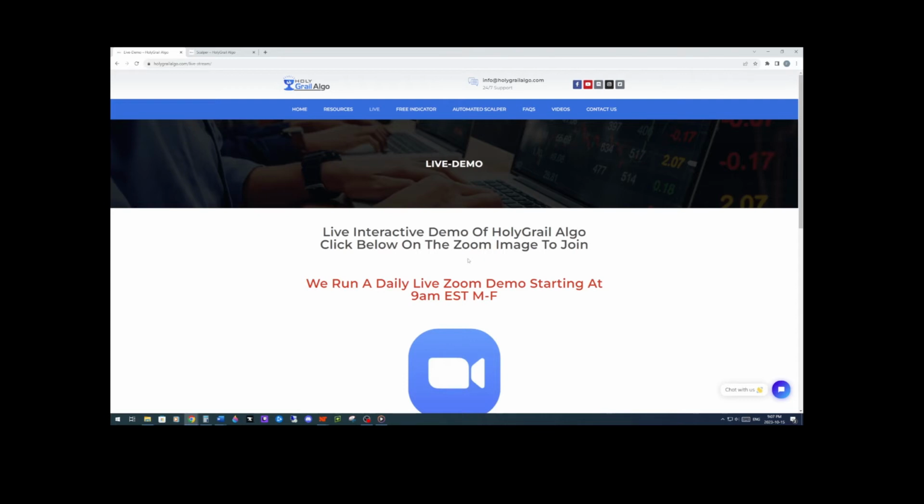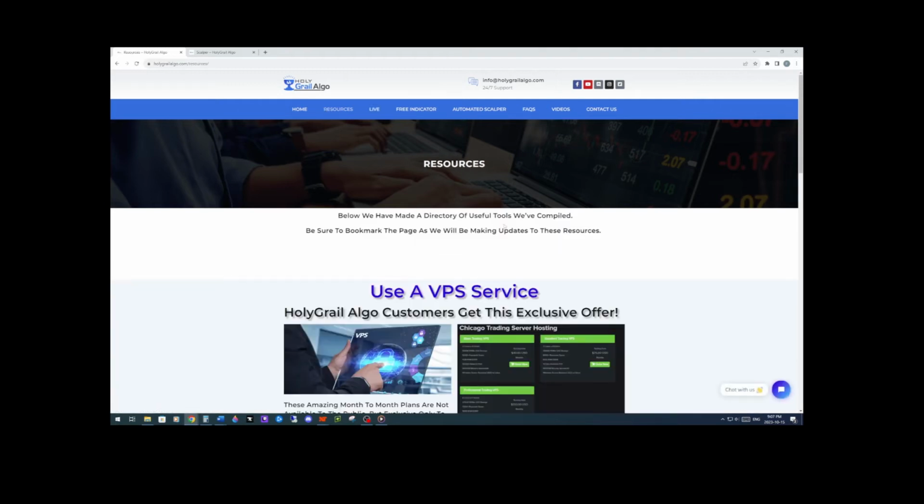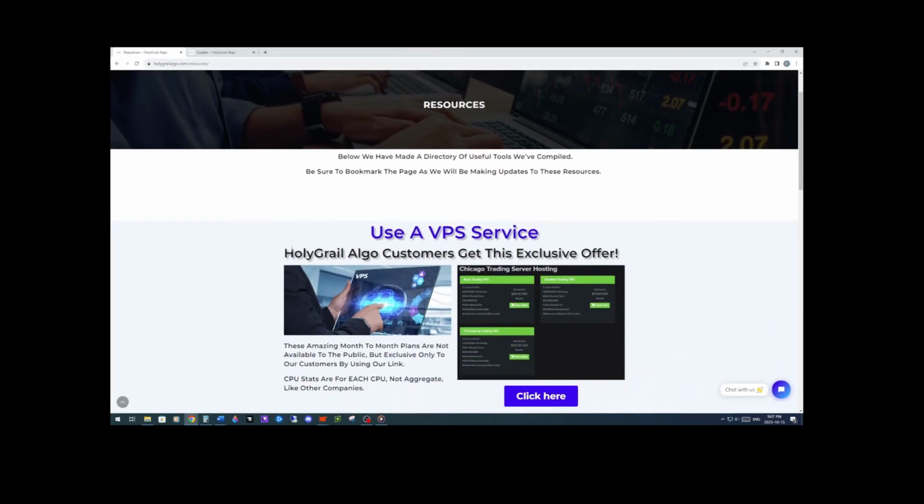So one thing to note though is that since the algorithm moves on a break of levels, you have to get in and out quickly, so they use market orders. And so if you have internet that is slow and not that great, they recommend you get a VPS. They get you an exclusive price offer.